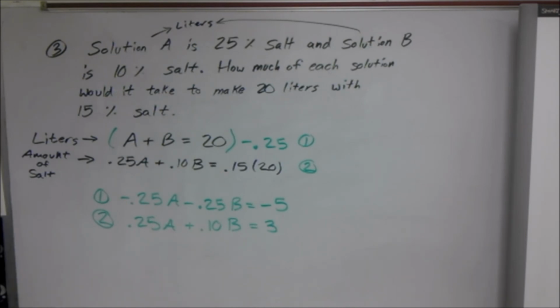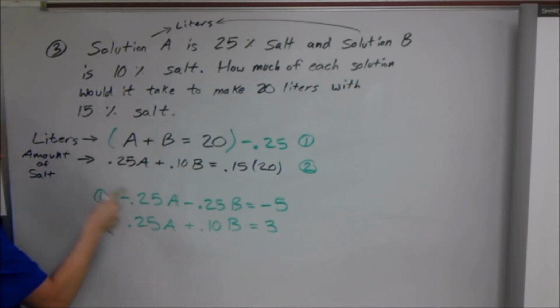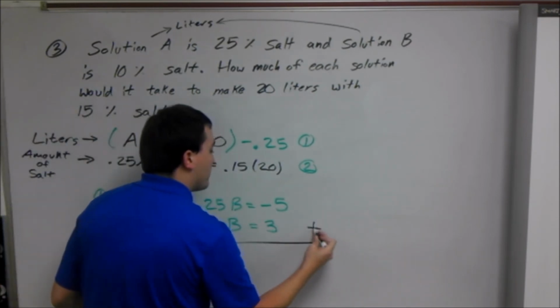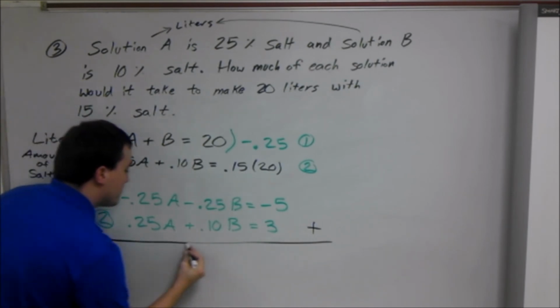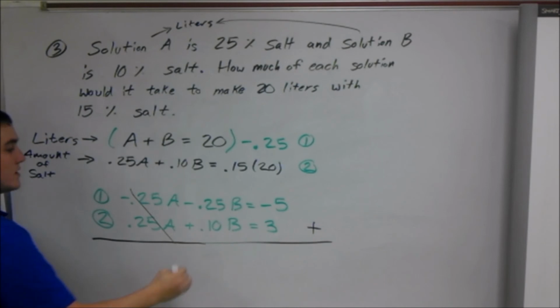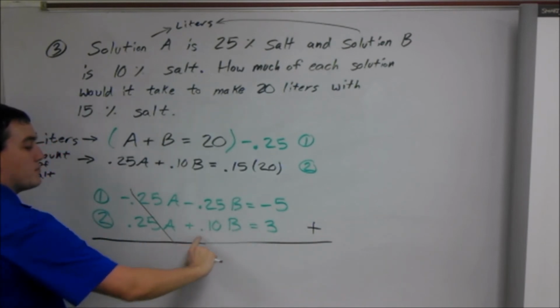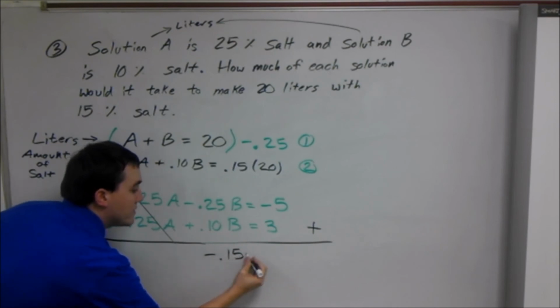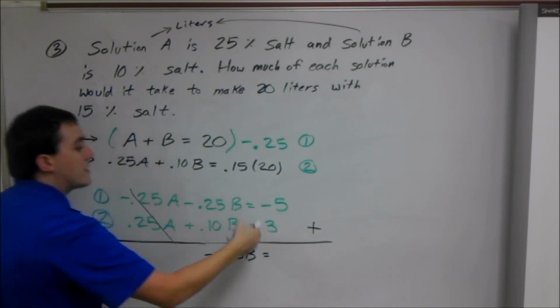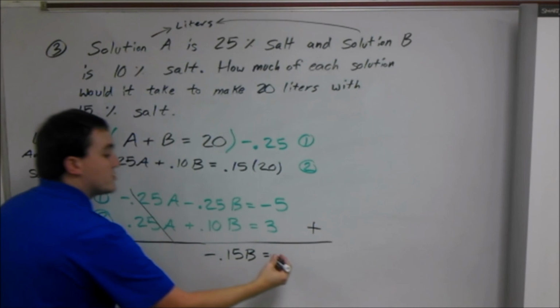So now, since we have our A's the same but opposite number, we can add these up. So we add these up, and our A's cancel out. We have negative 0.25B plus 0.10B. It's going to give us negative 0.15B equals negative 5 plus 3, which is negative 2.